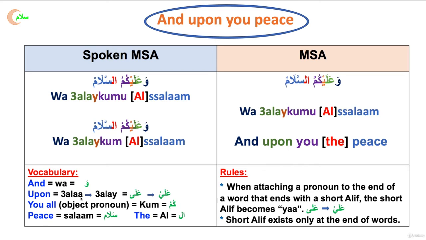Because all the students who already know how to read Arabic know that whenever they have a word that ends with short alif, and we are attaching a pronoun to the end of that word, then the short alif becomes ya. So if you go to the dictionary and you have a word that ends with short alif, automatically you know that you have to change it to ya when you attach something else to it.